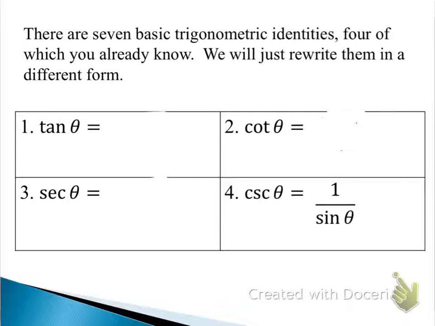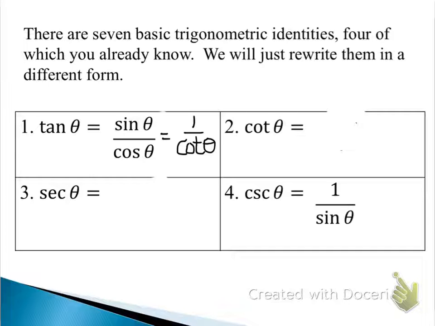So tangent theta is going to be sine theta over cosine theta. Another identity would be 1 over cotangent theta. Those are all the same thing.